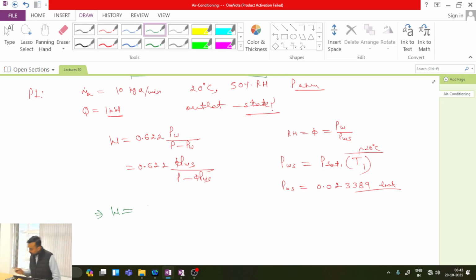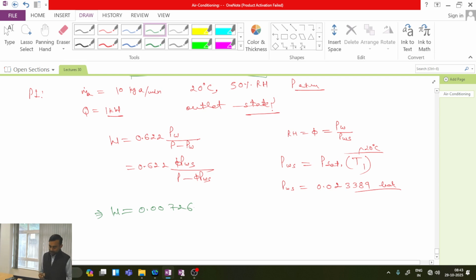Zero point 00, yes, 726. So you can write down 0.00726. Correct. Now, what will be the enthalpy at point 1? This is W1. The enthalpy is 1.005 into T1 plus W1 into 2500 plus 1.88 into T1.